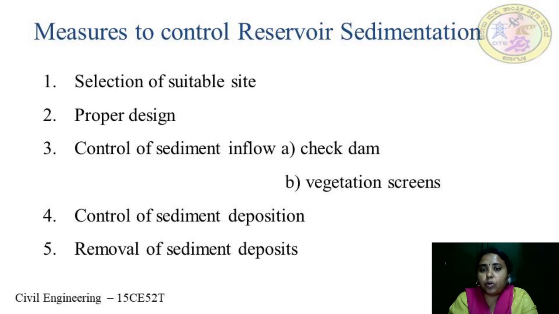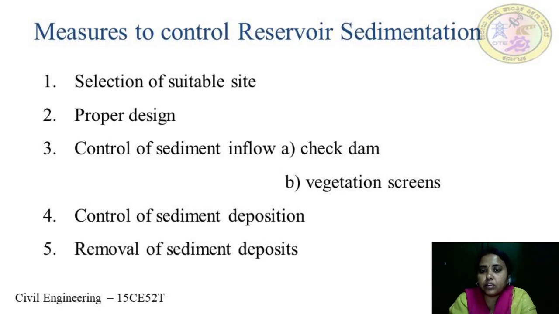Next is proper design. The reservoir may be designed in such a way that its capacity increases in stages. Initially we have to construct a dam of smaller height, and when a portion of the reservoir gets filled up with sediments, then the height of the dam has to be raised.